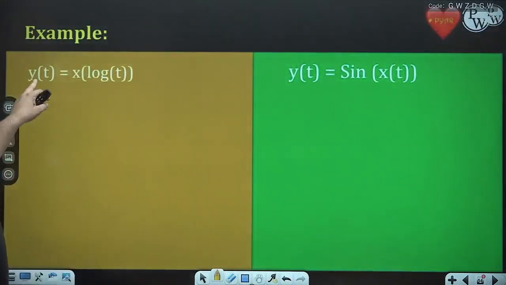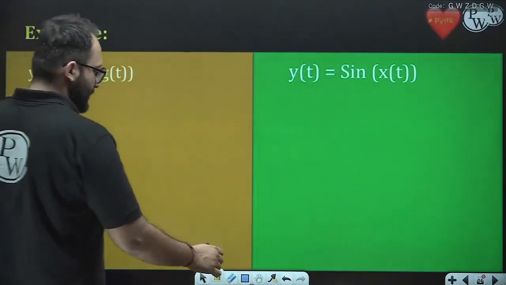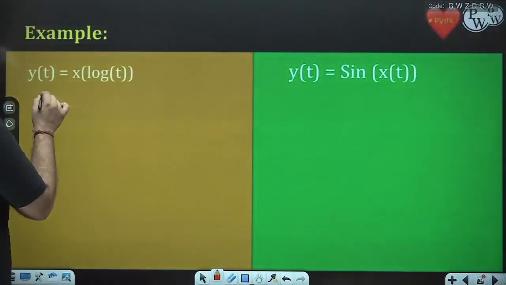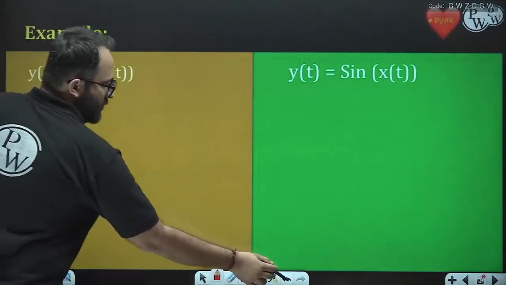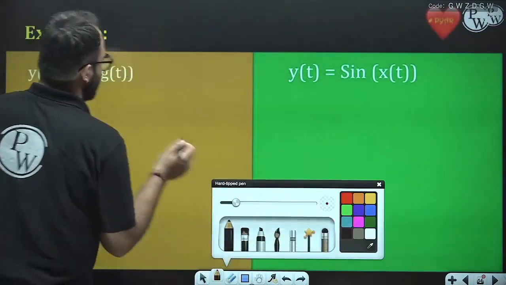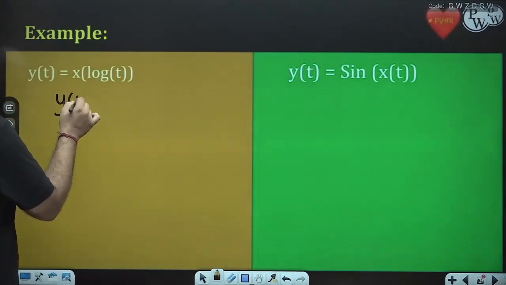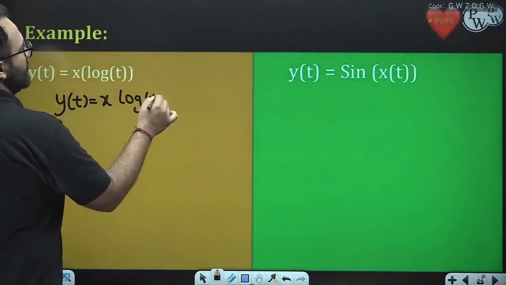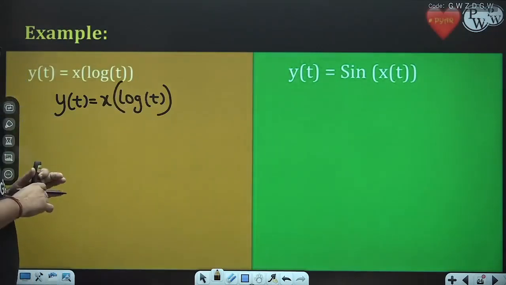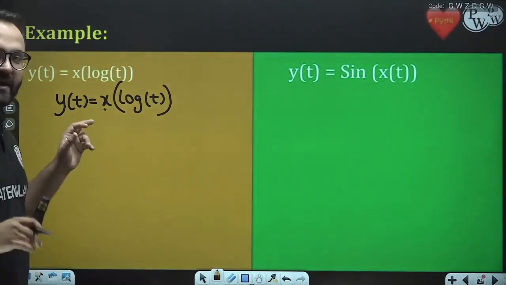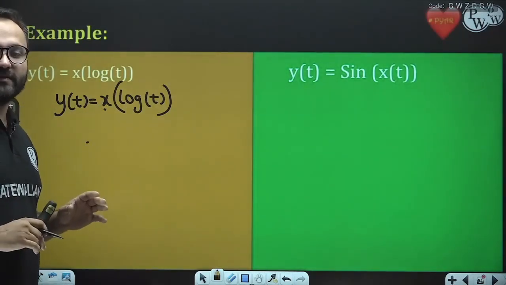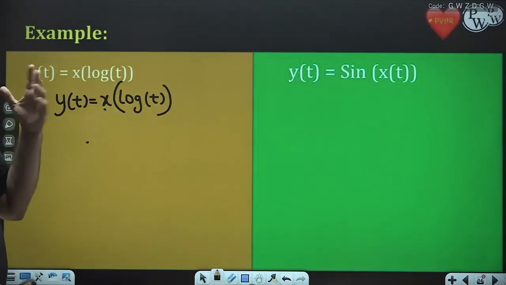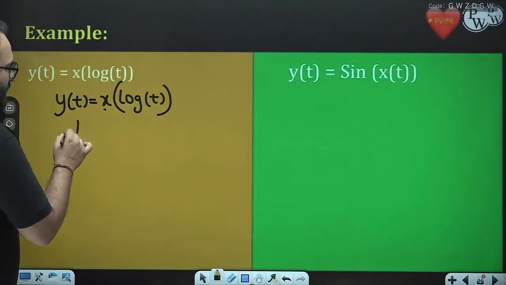Suppose we have y(t) equals x of log t. Here we have no non-linear operation on x. Rather we are having a non-linear operation on the t variable, so it will not affect our linearity. This will be a linear system.